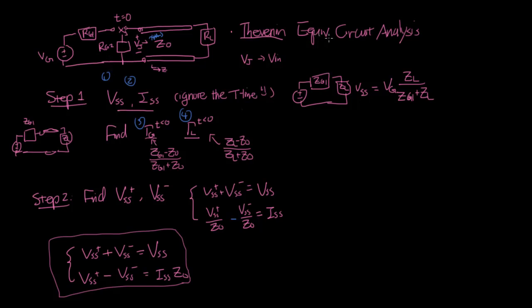The Thevenin circuit analysis does so by looking at the change in the voltage at this junction. So the Thevenin circuit analysis looks at the change of Vj between t equals 0 plus and t equals 0 minus, and the difference is going to be the wave that goes in.